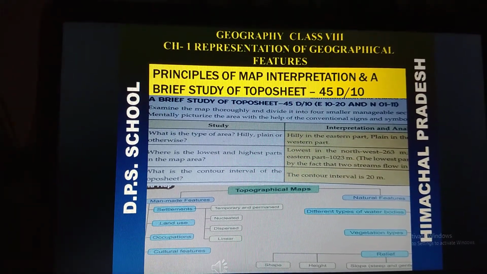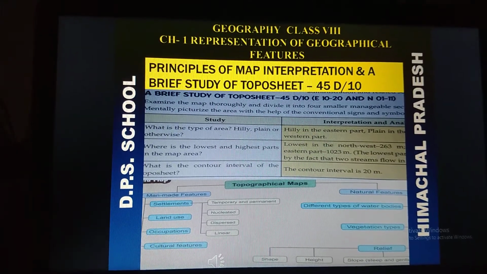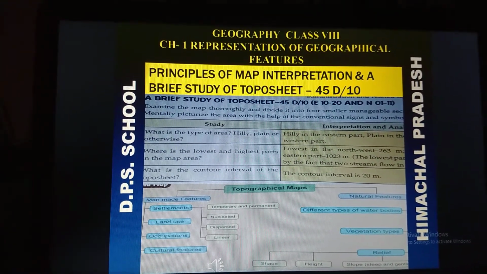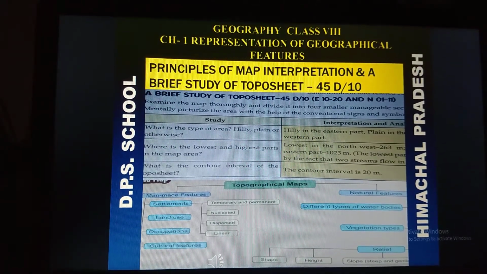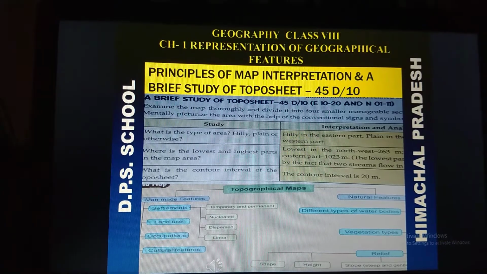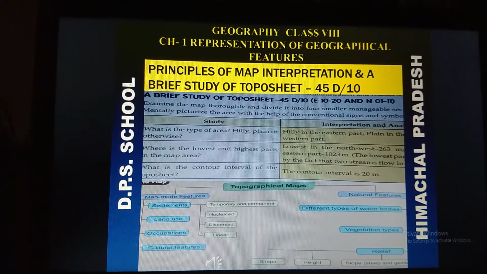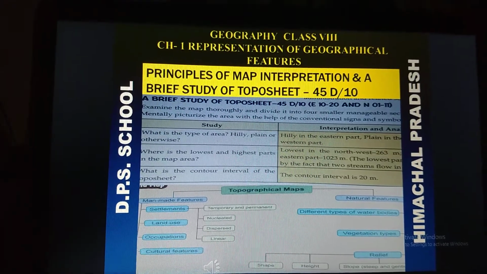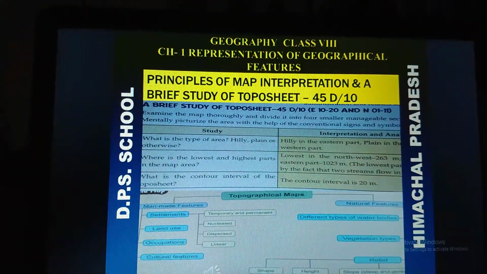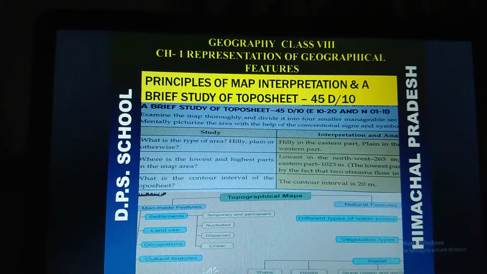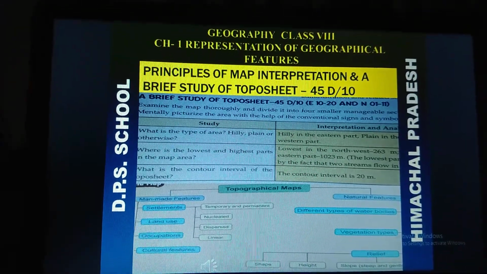The lowest in the northwest is 263 meter, and the highest in the eastern part is 1023 meter. The lowest part is also indicated by the fact that the two streams flow in that particular direction. Then we see what is the contour interval of the topo sheet. The contour interval is only 20 meter.